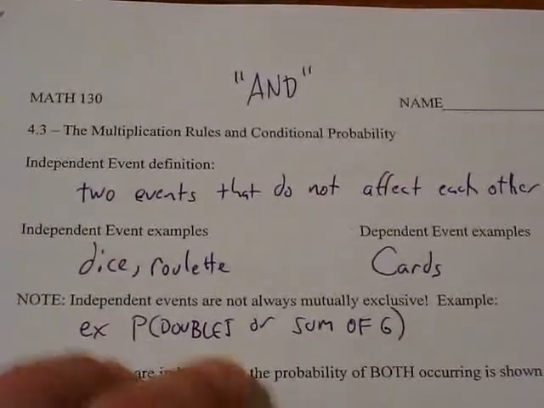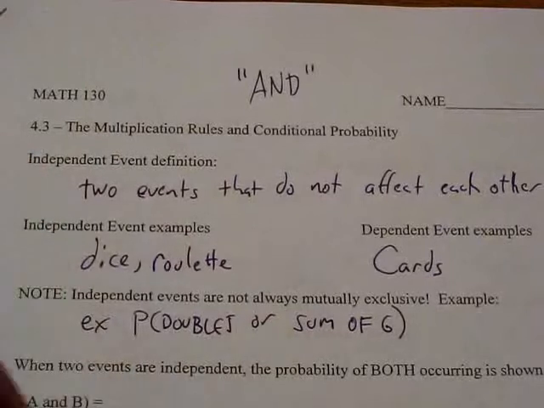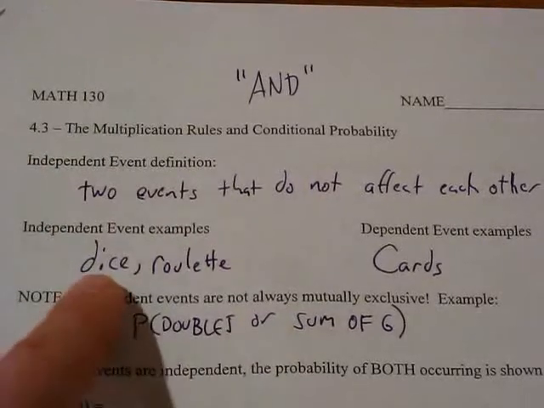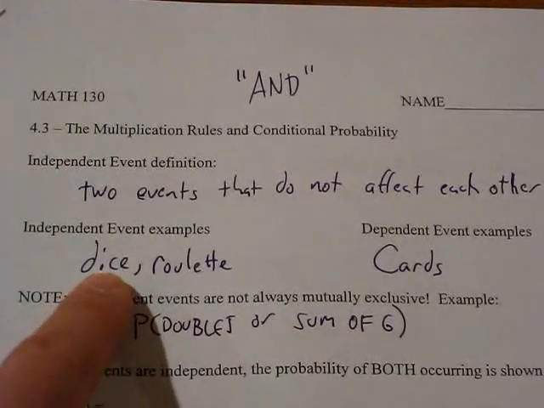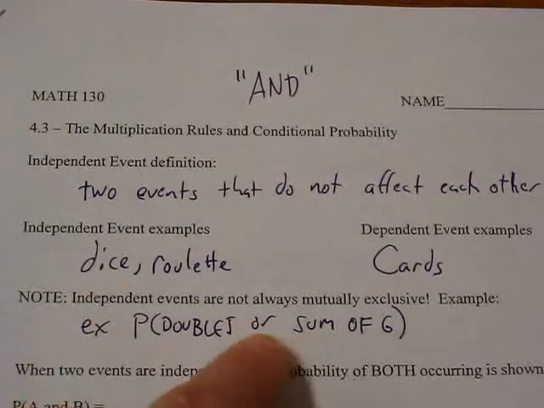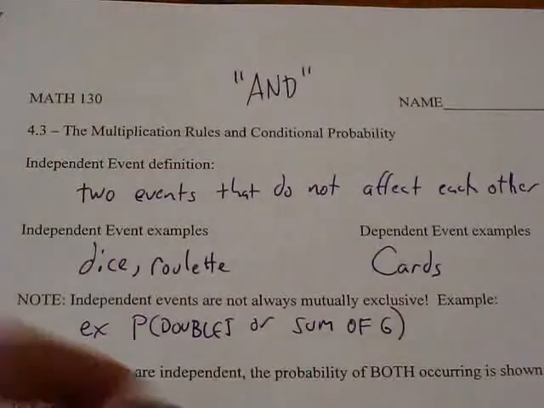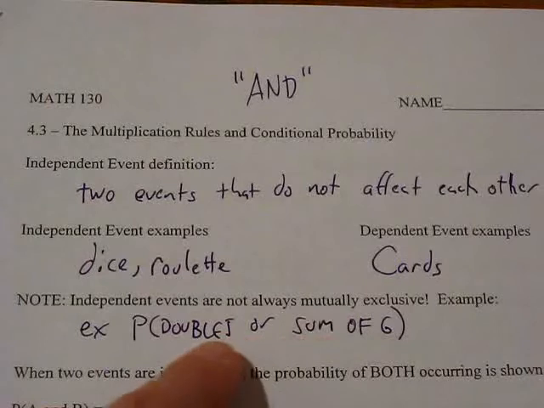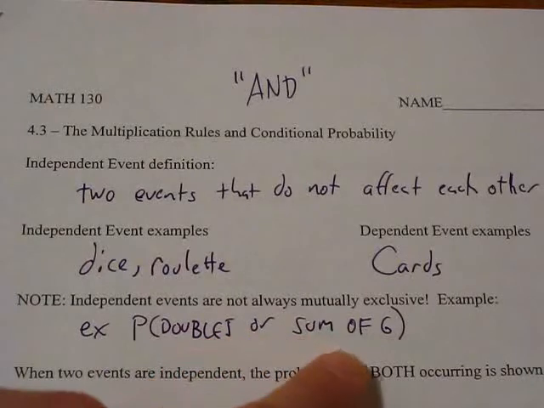So please do not think of mutually exclusive and independent as being synonymous, because here you have two independent things where you're rolling dice, but inside of that independent event you can say, I want doubles or a sum of 6.